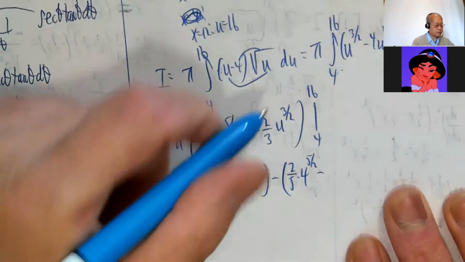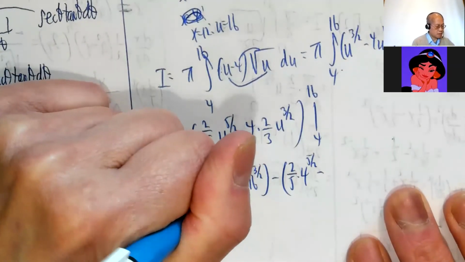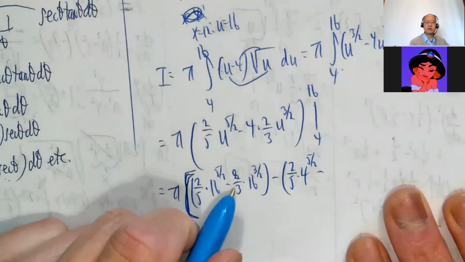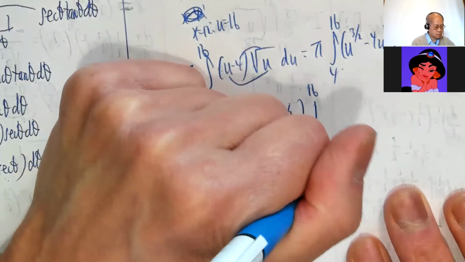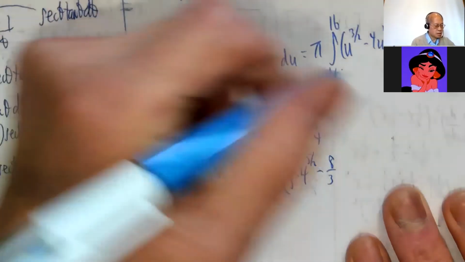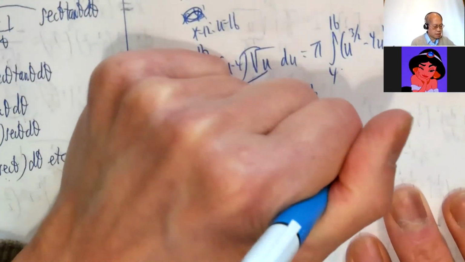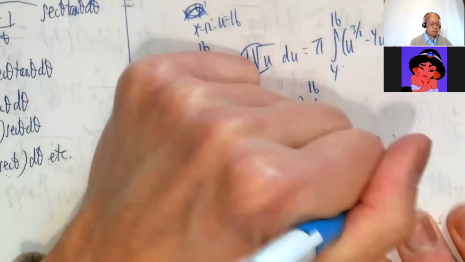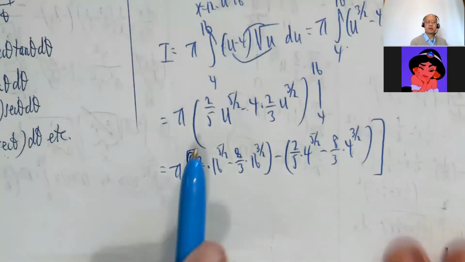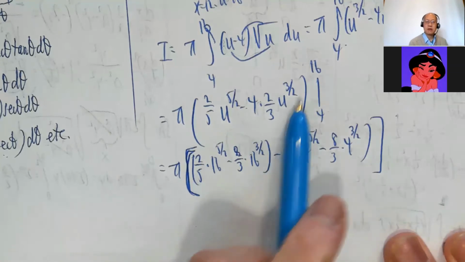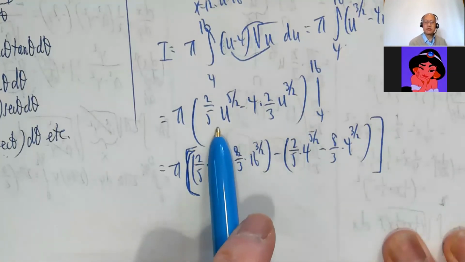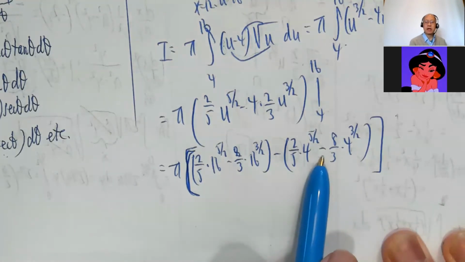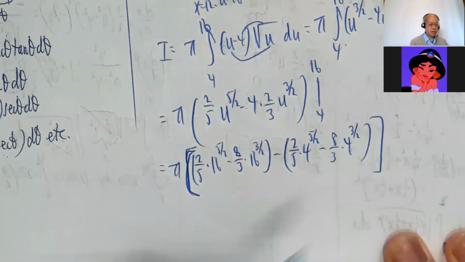Sorry, this should be 8/3, 4 times 2/3. Same thing here, 8/3, 4 to the 3/2. Double check: 16 to 5/2 minus 8/3, 16 to 3/2, minus 2/5 times 4 to the 5/2 minus 8/3, 4 to the 3/2.